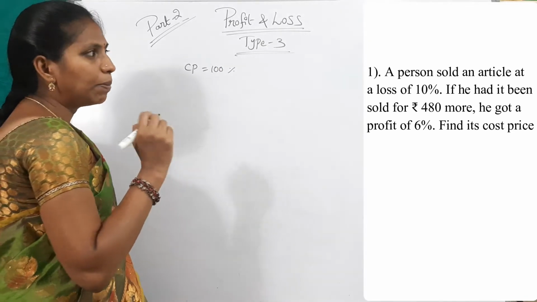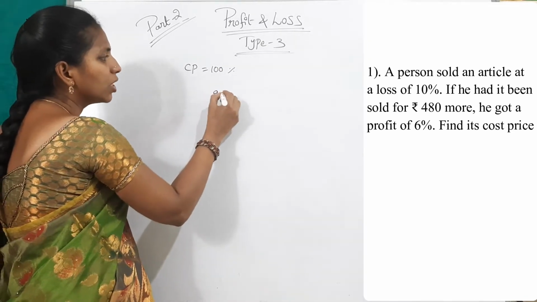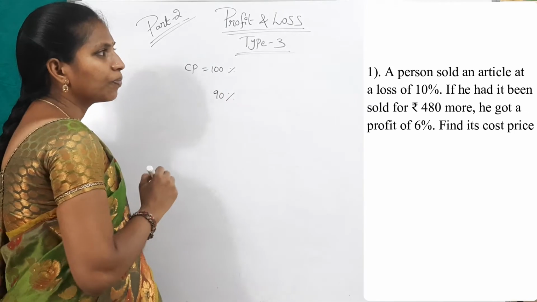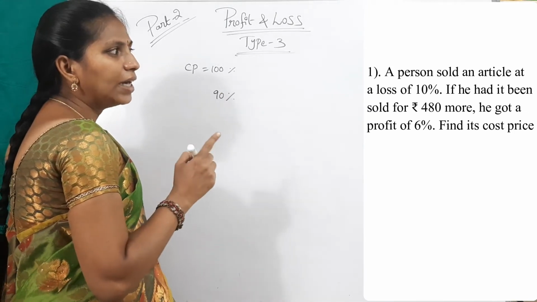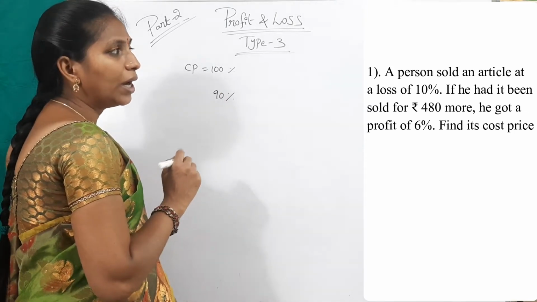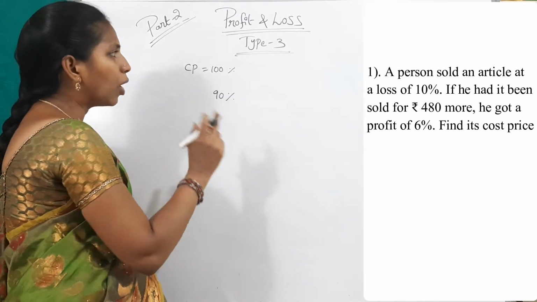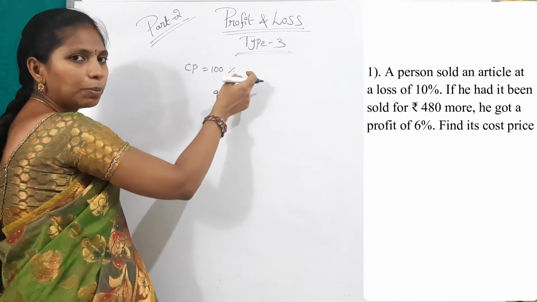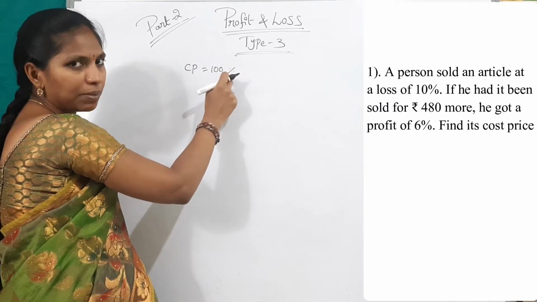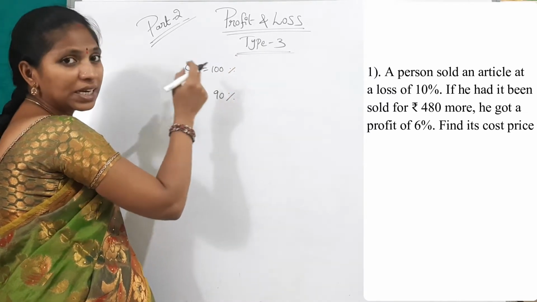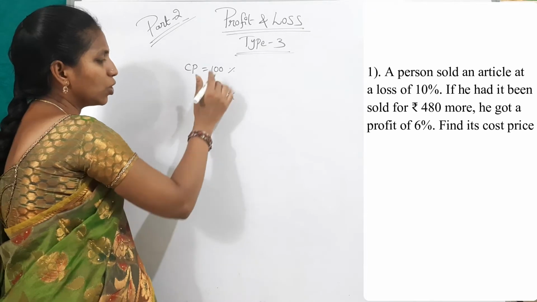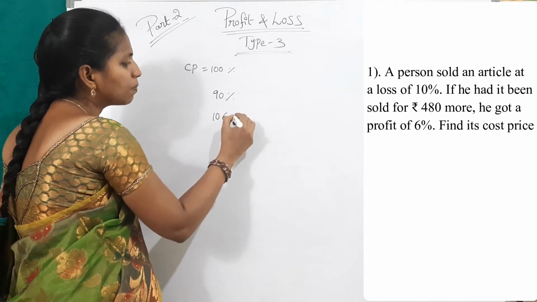Loss of 10% means 90%. If he had sold it for 480 rupees more, then he got a profit of 6%. Profit means add that profit percentage to this 100%, so 106%.